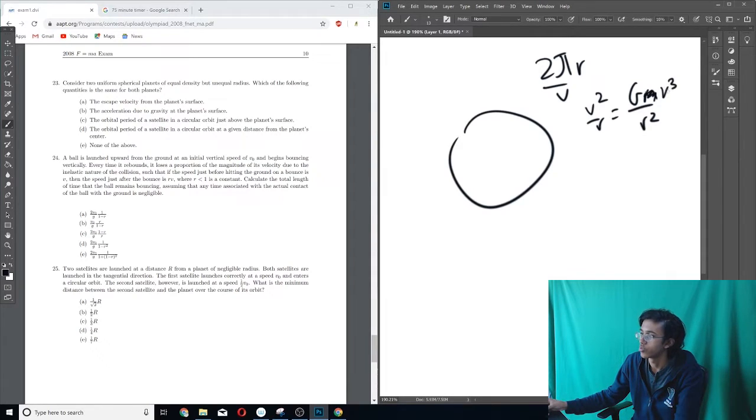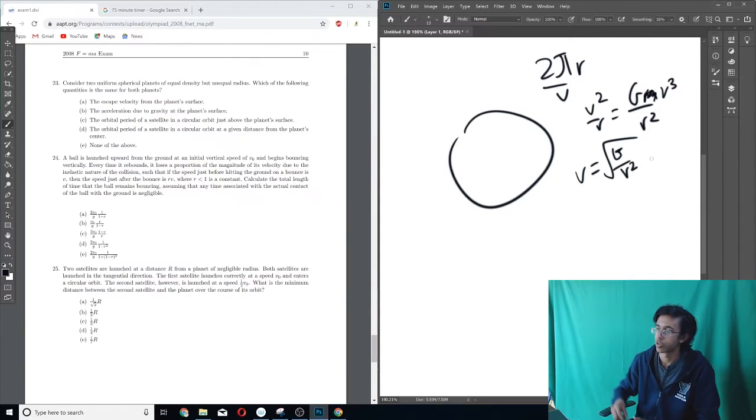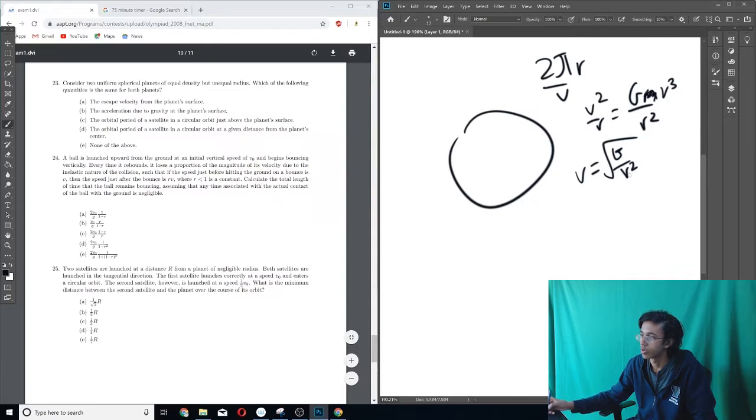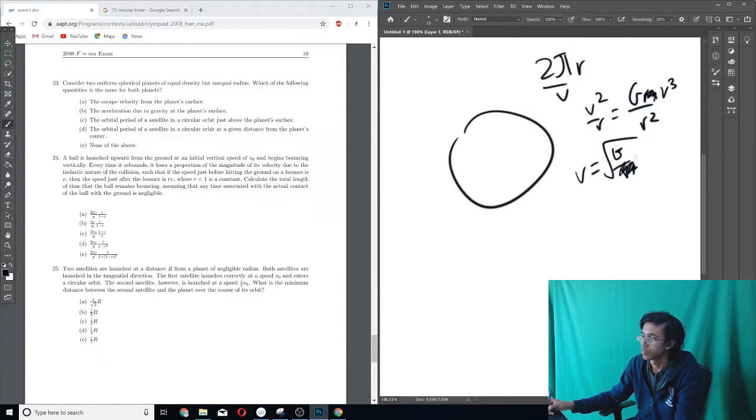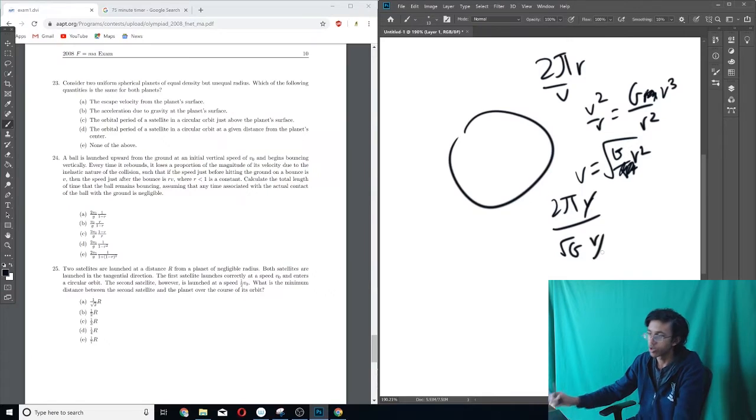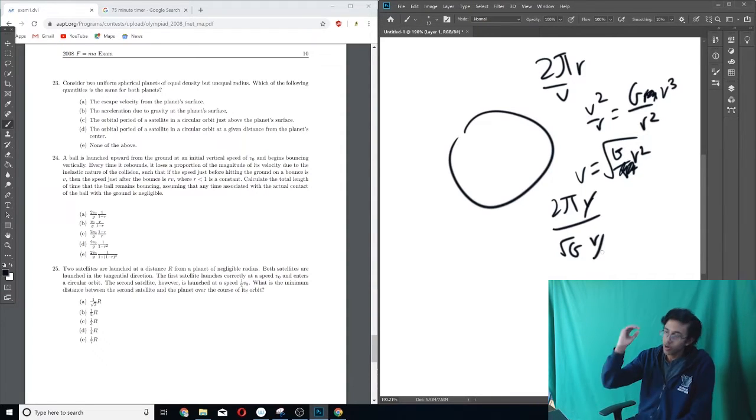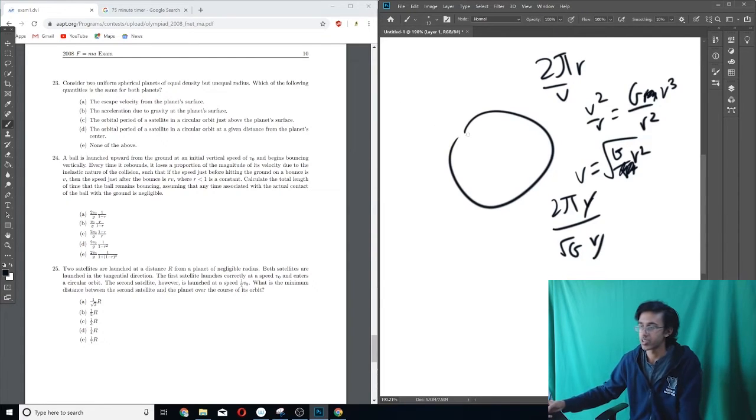So this is k times r cubed, but it doesn't matter. v is equal to root g r squared, and then we get 2 pi r over root g r squared, and then the r's cancel out. We found the r's cancel out, so it doesn't depend on r. So that means it has to be the same for both planets. Okay, it's just C. Epic.